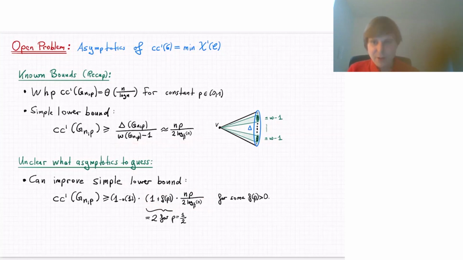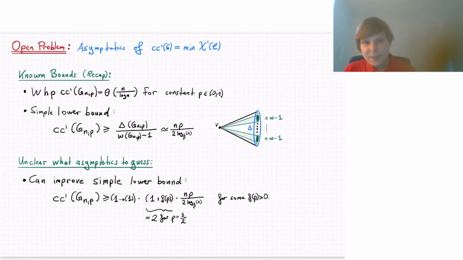Just to give you a flavor of what's going on, we can squeeze in some extra term 1 plus f of p, where f of p is strictly positive for p between 0 and 1. This has limiting behavior: if p goes to 0, then f of p goes to 0, so the improvement goes away. If p goes to 1, then f of p actually tends to infinity.